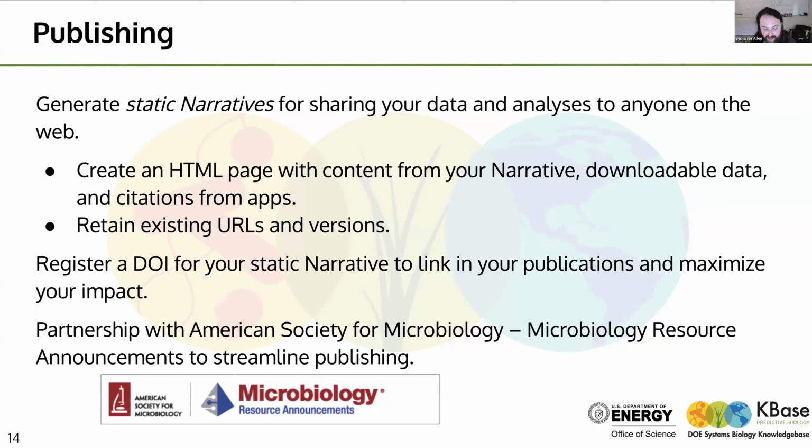So what a static narrative enables you to do is create a snapshot of your work at a specific point in time. So at the point of publishing, for instance, you have a specific snapshot of your narrative that you can release to the public, but you can still maintain and develop your work in a narrative on the platform without affecting the narrative that you've shared in your publication.